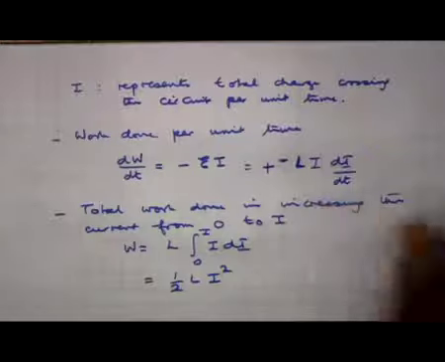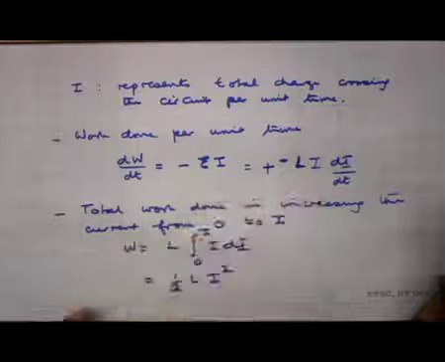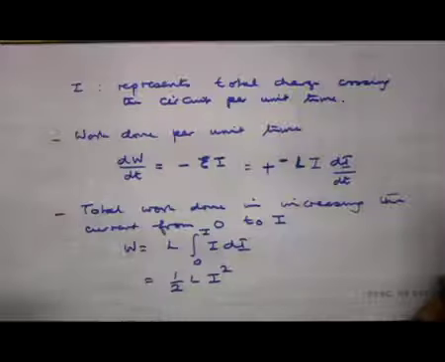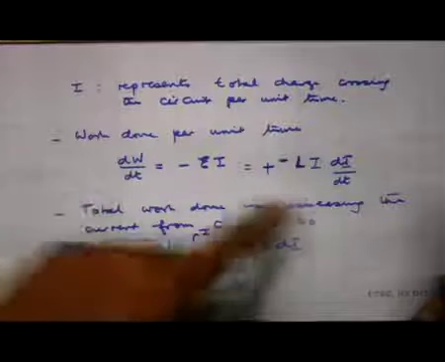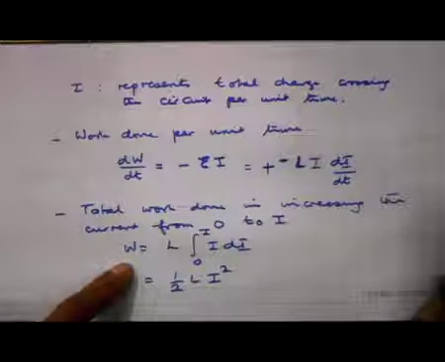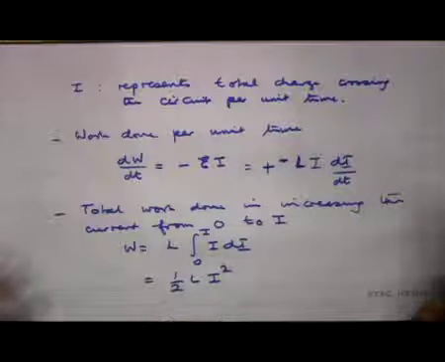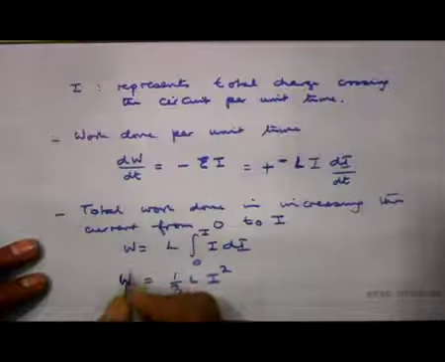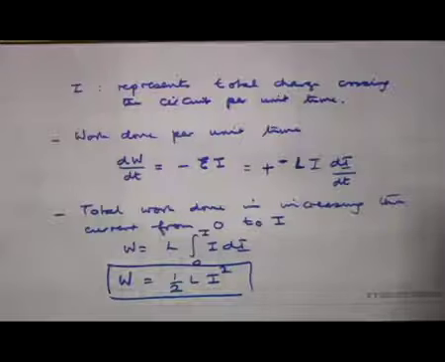This is the work done per unit time, and if I have to increase the current from 0 to I, the work that I need to do is the integral of this. dt cancels off and I get I dI, and that is half L I square. So, this is the work that I need to do to increase the current from 0 to I, and this work is actually stored in the form of magnetic field inside the inductor.